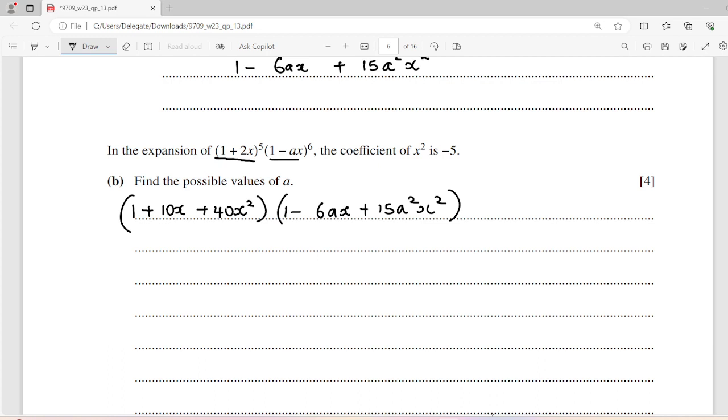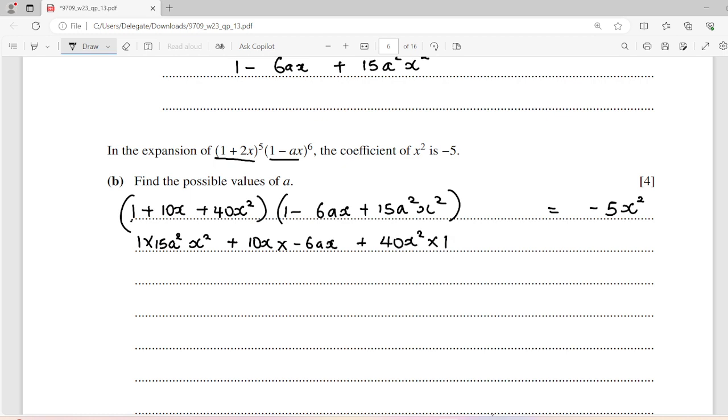So how do we multiply? Remember how we multiply double brackets. For you to have an x squared, the 1 will multiply with 15a squared x squared. Then 10x should multiply with -6ax, so that we have x squared. Then the 40x squared, because it already has an x squared, should multiply with the 1 in the second bracket. You don't have to expand everything, just focus on each term and how you can get an x squared.